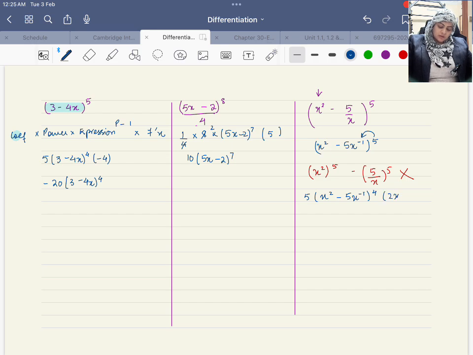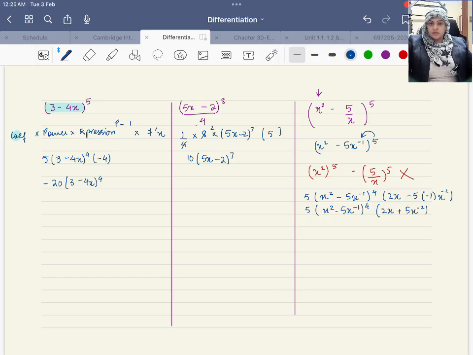It's 2x, and the differential of minus 5x to the power minus 1 is minus 5 multiplied by minus 1 and x to the power minus 2. So this becomes 5 into x squared minus 5x to the power minus 1 whole to the power 4 into 2x plus 5x to the power minus 2.